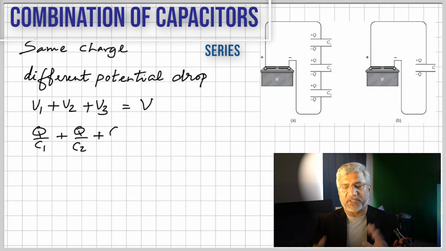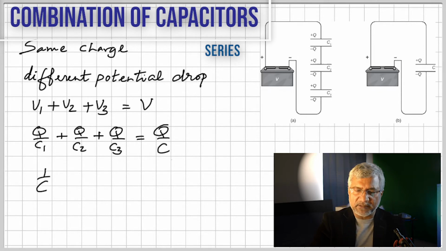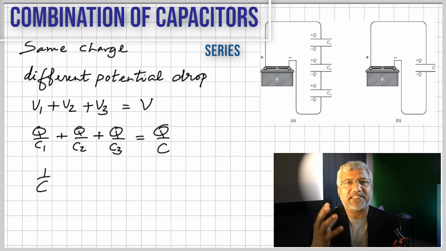Now it's a matter of simple substitution. We know that voltage is what? Charge over capacitance. So V1, the voltage here, is Q1 by C1, here it is Q2 by C2, and so on. Then we imagine that these three capacitors could be replaced by a single capacitor, as shown here. This is called the equivalent capacitance.